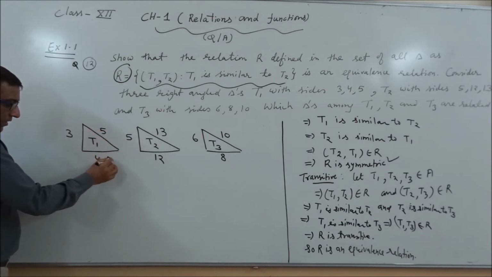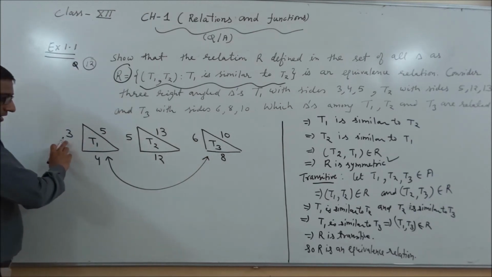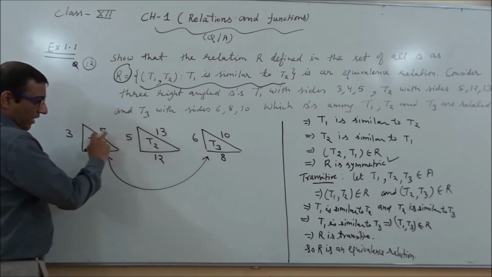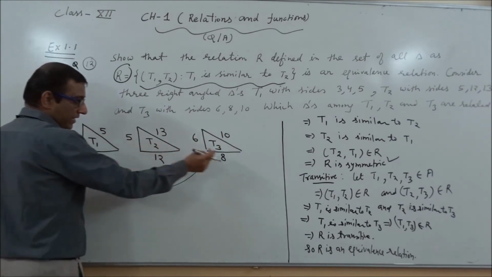But if we see T1 and T3 triangles, some relations are there. This is 3 and double of 3 is 6 here. If this is 5, double of 5 is 10. If we see here 4 is there, 8 is here.